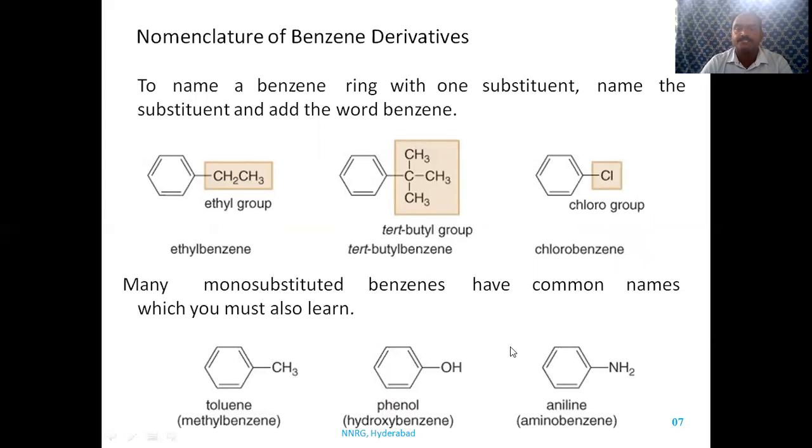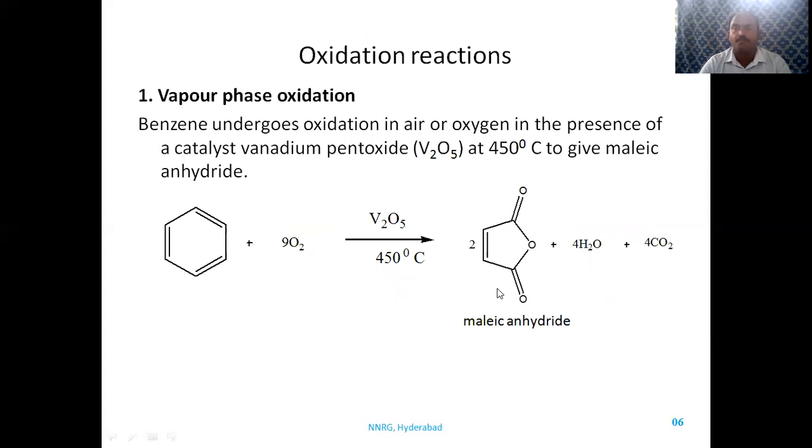Another oxidation reaction we need to talk about is vapor phase oxidation. So benzene undergoes oxidation in the presence of air or oxygen in the presence of a catalyst called vanadium pentoxide, V2O5, at high temperature, that is 450 degrees centigrade, to give maleic anhydride.